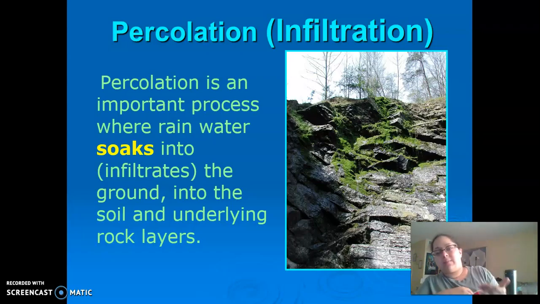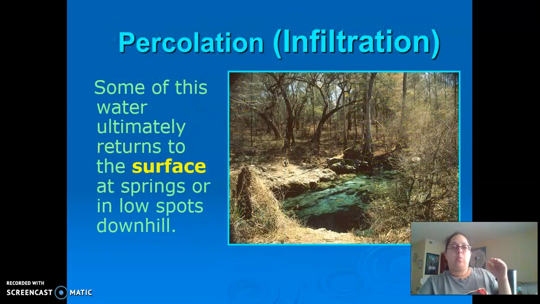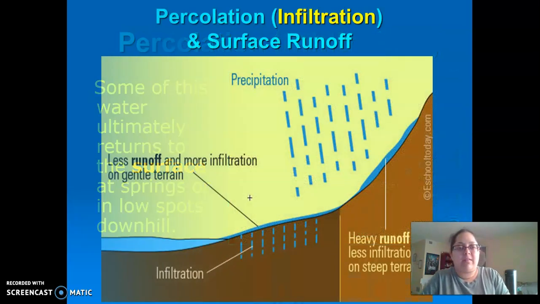But sometimes that water soaks deep into the ground and goes through the soil and into rock layers underneath that soil. Okay, and what it does is this water kind of makes its way through the rock. Some of it ends up at the surface again, like in springs or low spots downhill. It just sort of ends up collecting and stuff like that.